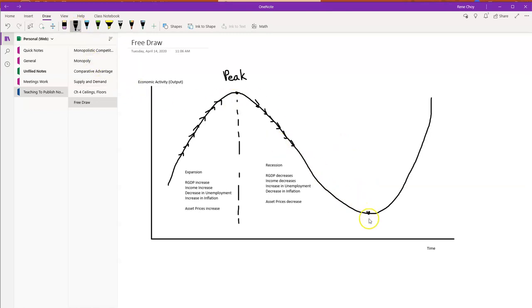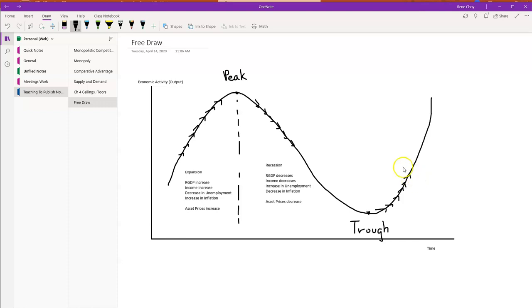Eventually, we hit a trough. And after we hit the trough, we start going back up again.